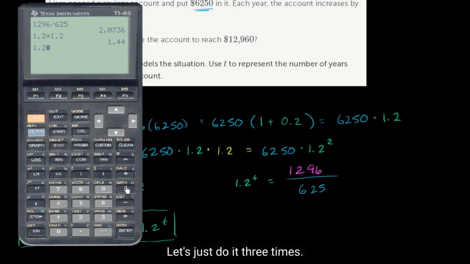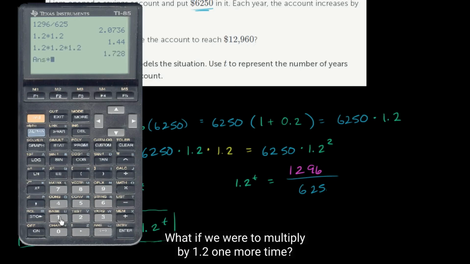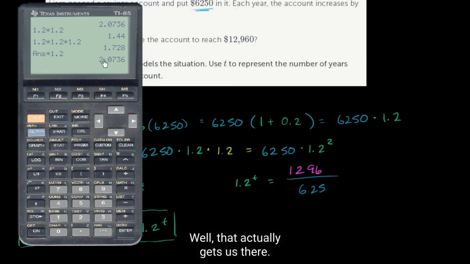That still doesn't get us there. What if we were to multiply by 1.2 one more time? Well, that actually gets us there. So just by brute force, 1.2 to the 4th power will give us this value. So that's one way, a brute force way, of figuring out that t is equal to 4.